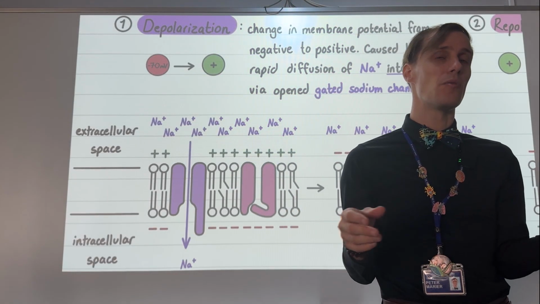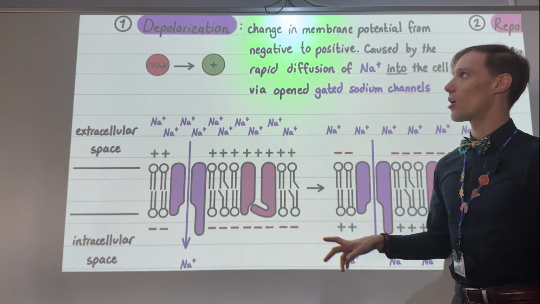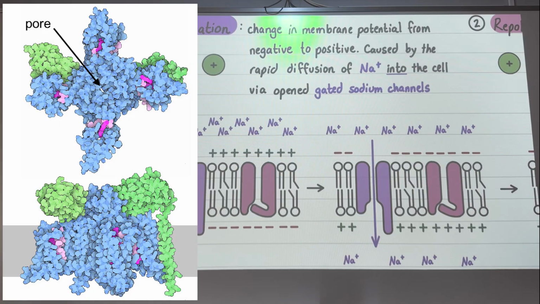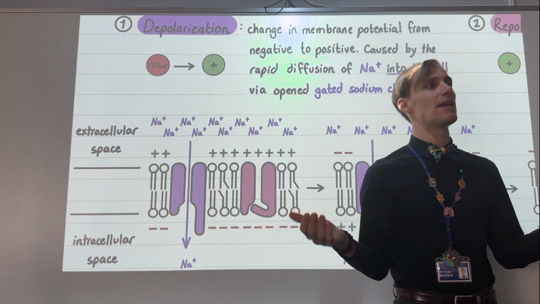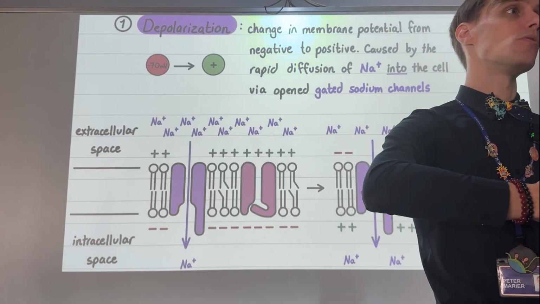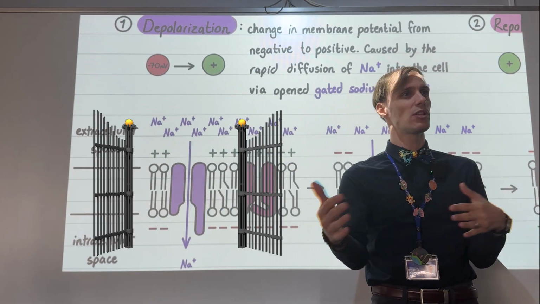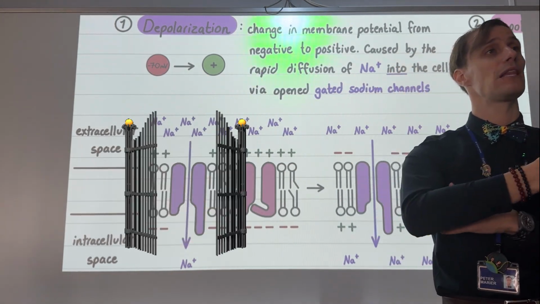So instead, we have very specific sodium channels, and these are voltage-gated channels. So the idea is that a gated channel means that it is not always open. It sometimes is closed, hence a gate.